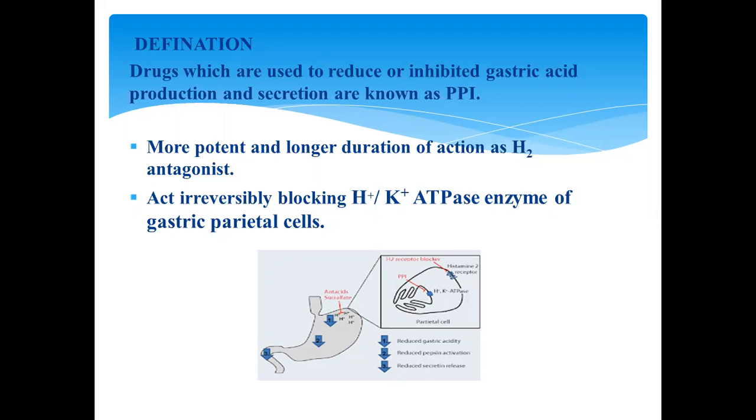They are more potent and have a longer duration of action as compared to H2 antagonists. They act irreversibly by blocking the H+ K+ ATPase enzyme of gastric parietal cells.